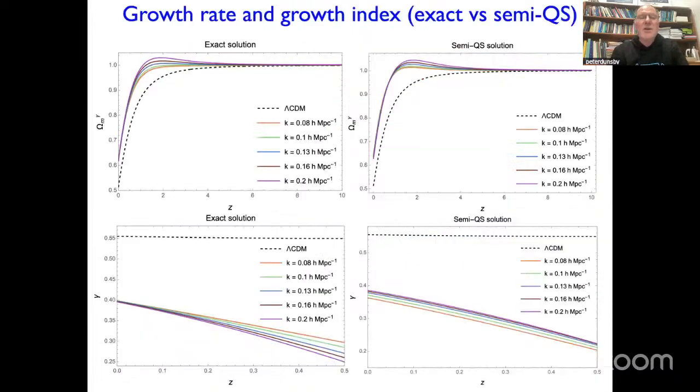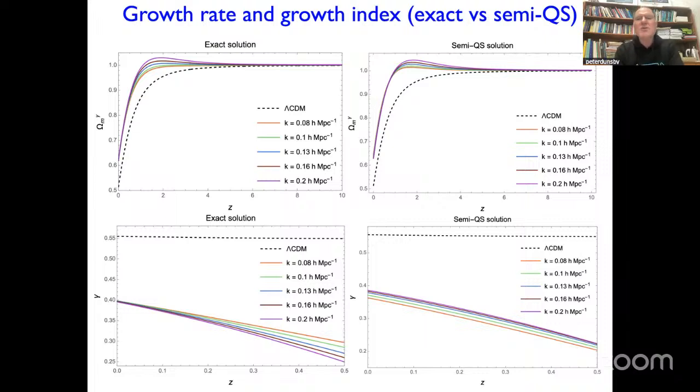Okay, so what are the results that we got? What we wanted to do was compare what we get from the exact solutions, which are the panels on the left-hand side. The top left-hand panel is the evolution of f, the growth function, and the bottom panel is the growth index, gamma. On the right-hand side, we've got the semi-quasi-static approximation.